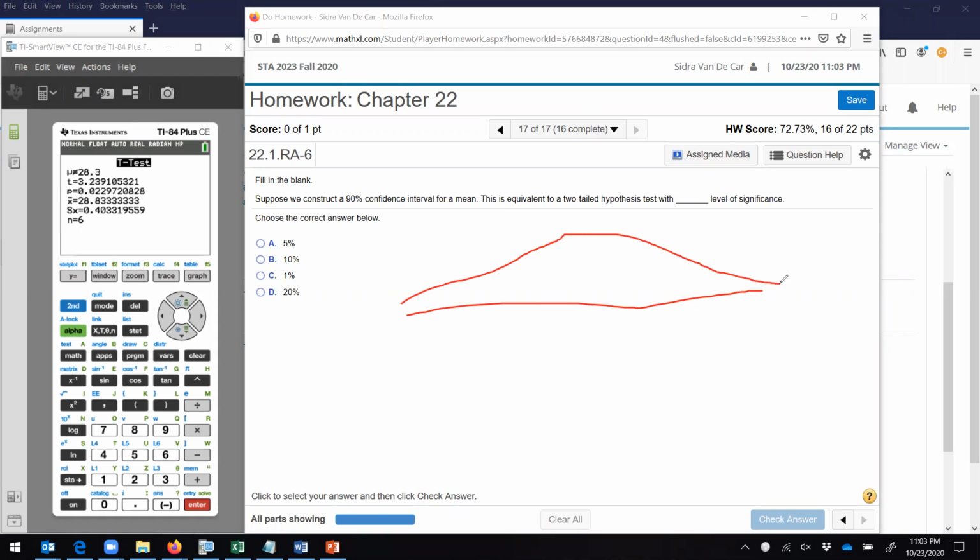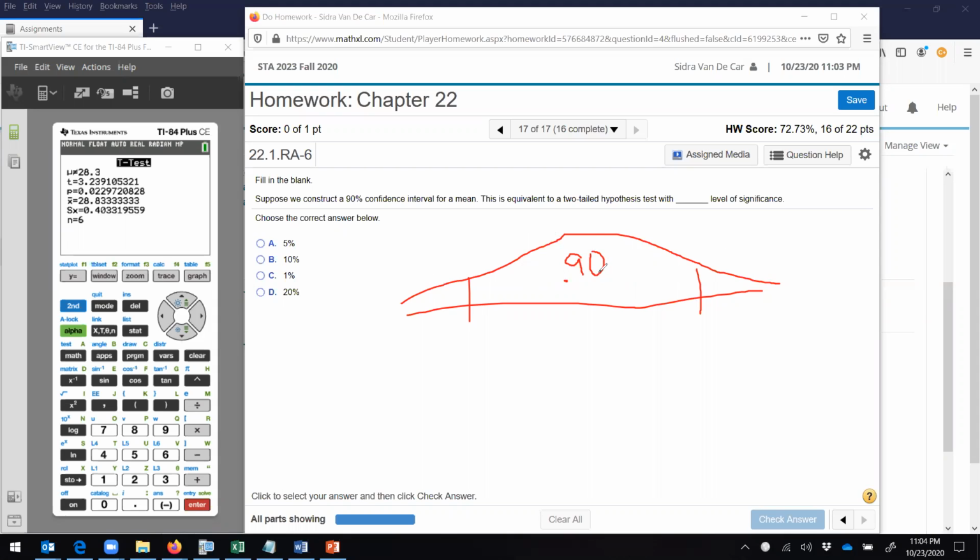So remember that you have 95%, whoops, 90% in the middle, which is 0.90 here. And so that means 0.1 is split on the outsides, right?